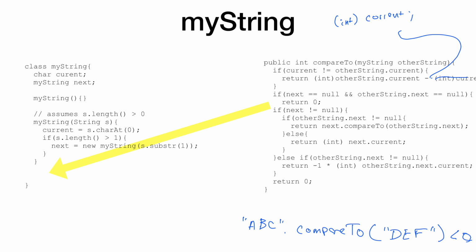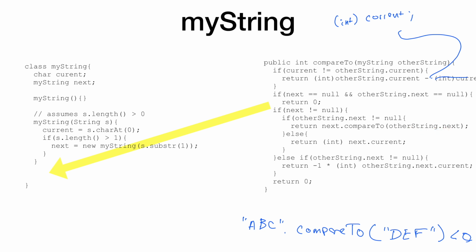Or we're not at the end of both strings? So if we're not at the end of my string, so next is not null, and we're not at the end of the other guy's string, then we're going to run next.compare to other string.next.